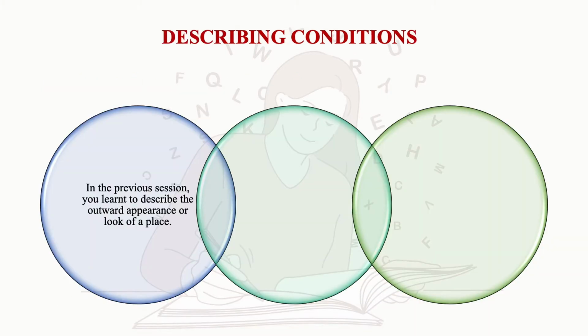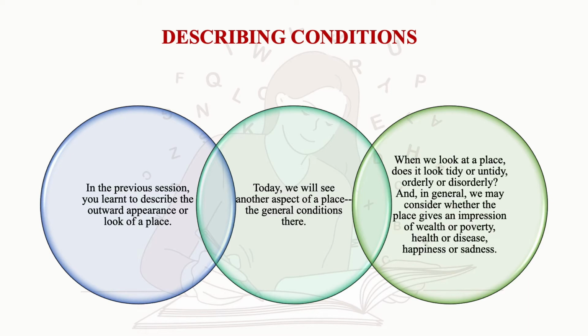In the previous session, you learned to describe the outward appearance or look of a place. Today, we will see another aspect of a place, that is the general conditions over there. When we look at a place, does it look tidy or untidy, orderly or disorderly?